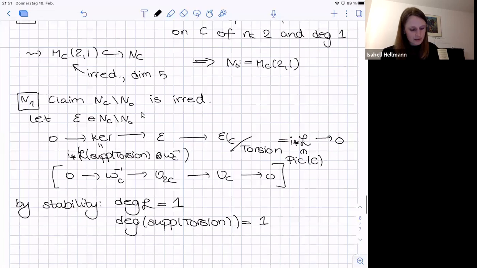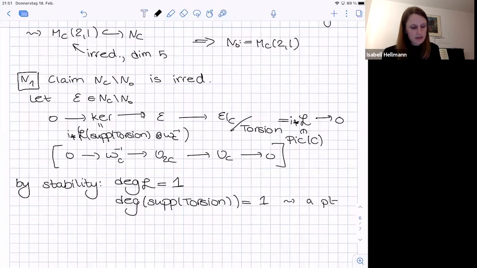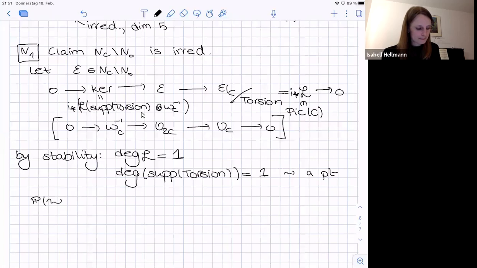So the degree of the torsion part is just 1, so this is nothing but a point. And this means I can parameterize these extensions by some projective bundle over Pic^1 of C times C. And what I find is that this gives me a birational map onto the component.